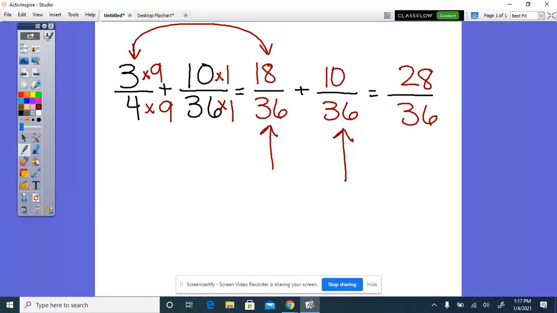Let's see what happens when we divide it by 2. Since these are bigger numbers, let's go that route. What happens when I divide 28 by 2? That is 14. What is 36 divided by 2? That's 18. Can I divide it by 2 again? Yeah. 7 over 9. Can I divide the top and the bottom by anything else? No. So I'm finished. It's the same process each time.